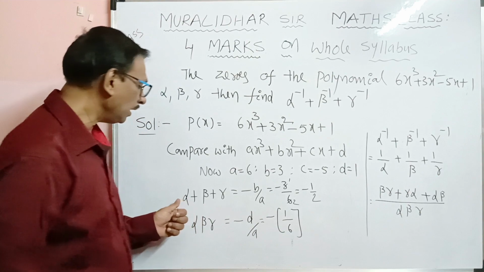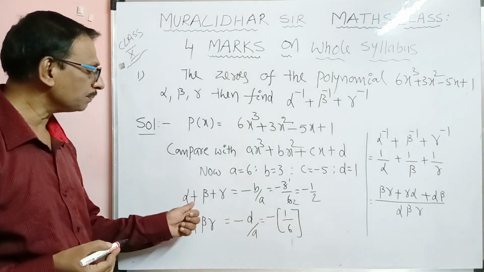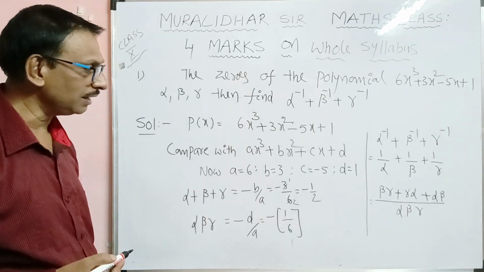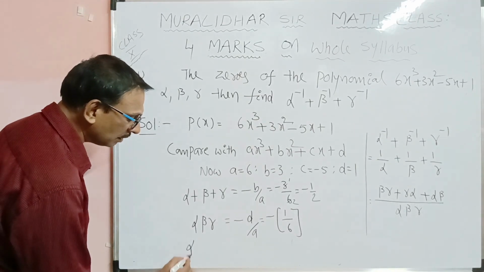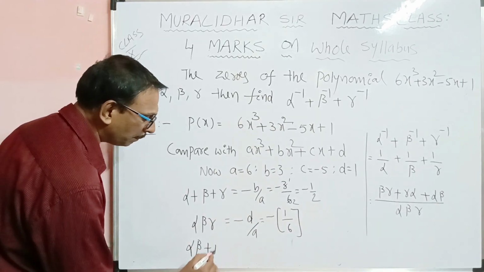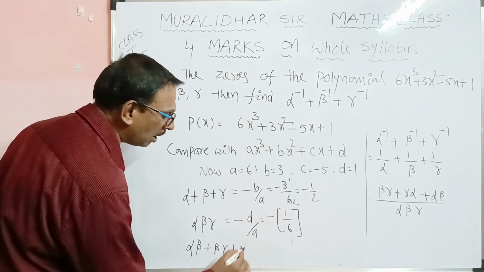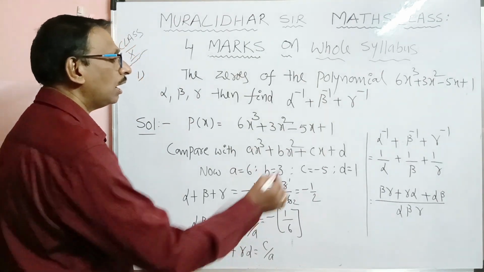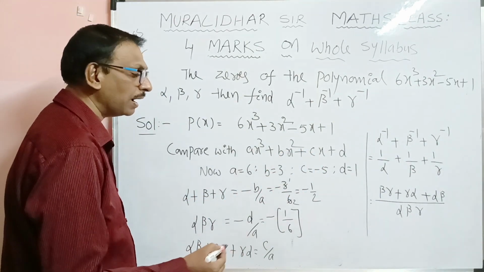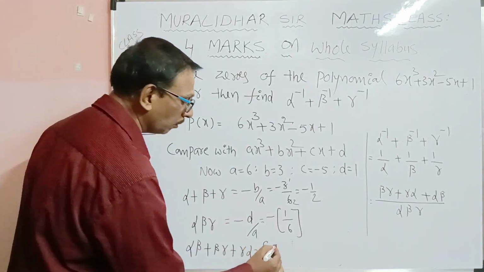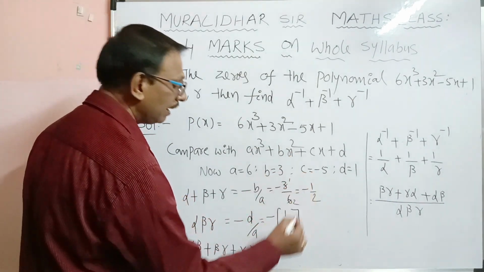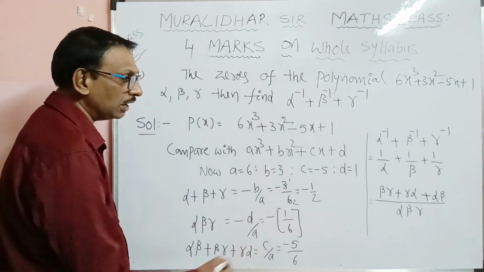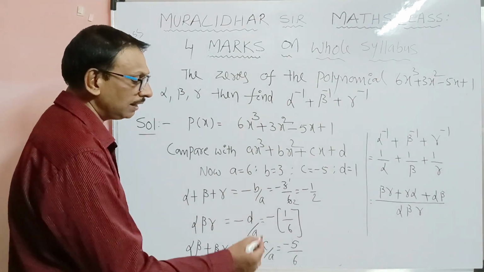Now here we calculated alpha plus beta plus gamma as minus b by a. Alpha beta gamma is minus d by a, and one more is the alpha beta plus beta gamma plus gamma alpha result is c by a, that is coefficient of x by coefficient of x cube, that is minus 5 by 6.